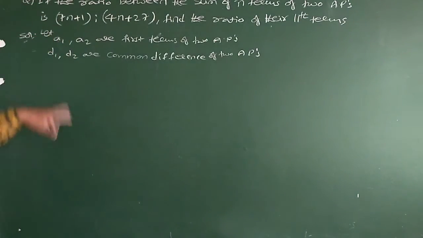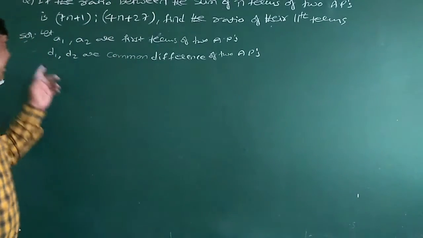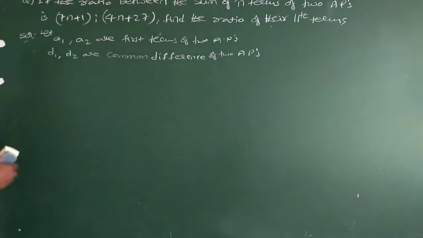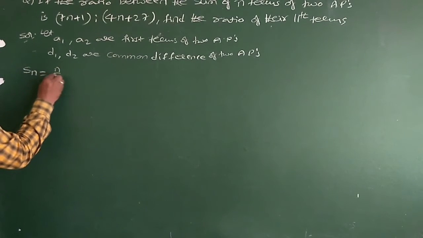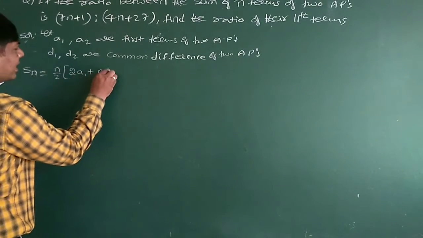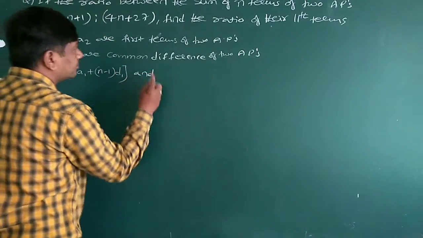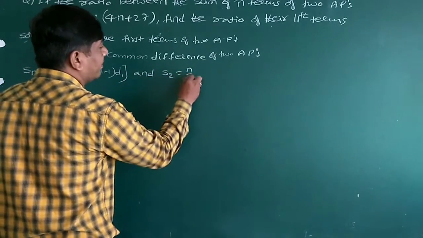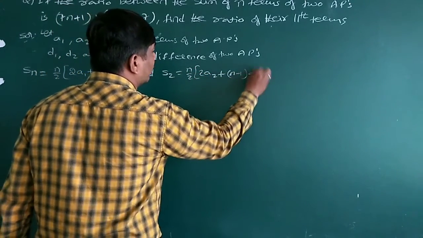So to find their 11th terms, A1, A2 are the first terms of two APs, and D1, D2 are the common differences of the two APs. By using this, the sum of n terms Sn is equal to n by 2 into 2A1 plus n minus 1 into D1, and S2 is equal to n by 2 into 2A2 plus n minus 1 into D2.